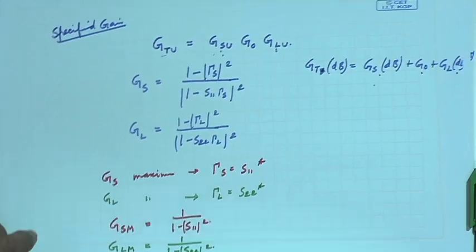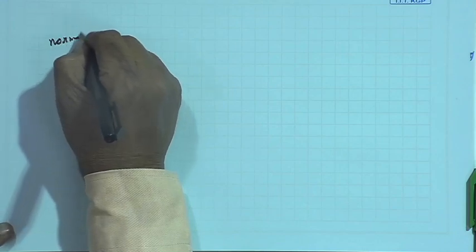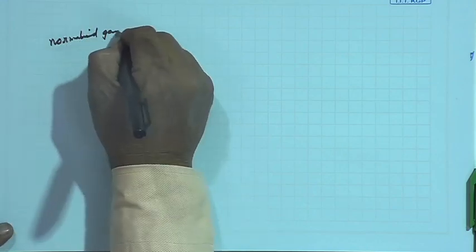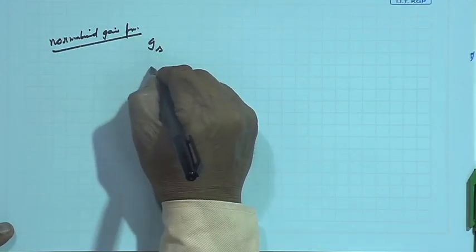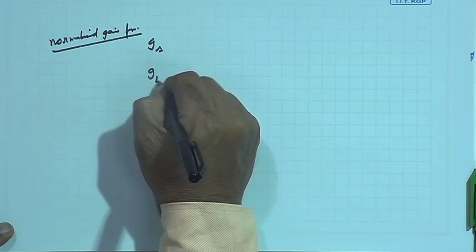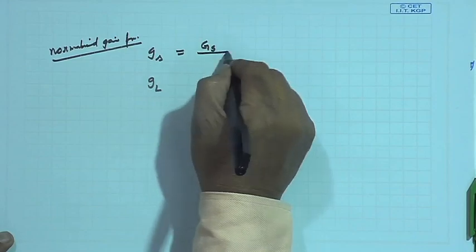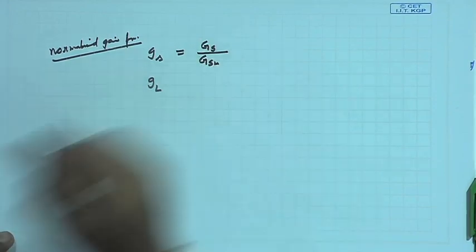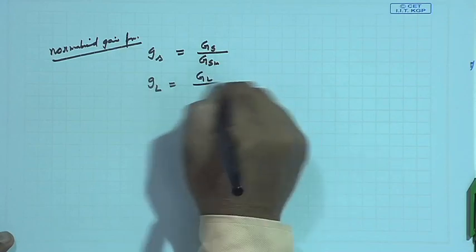So, now to facilitate the design, we define a normalized gain function. I have two such gain functions, small gs and small gl. What is gs? It is GS divided by the maximum that I can get. Similarly, gl is GL by GLM.